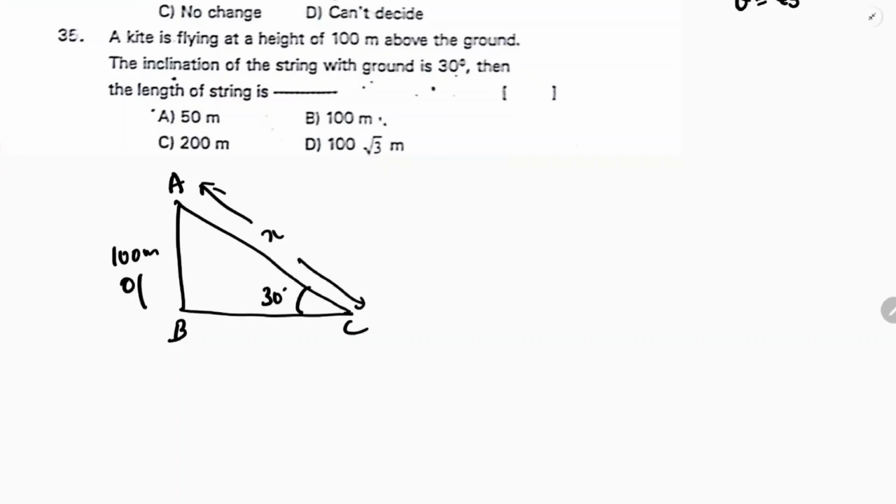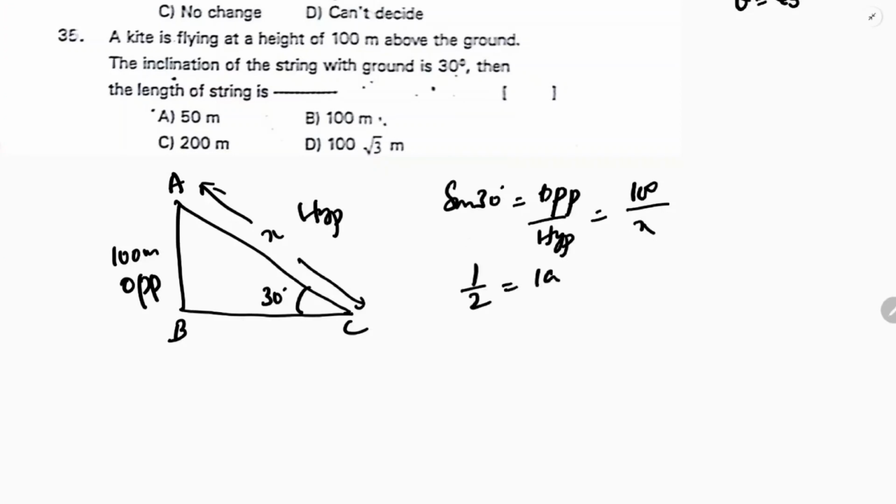We have opposite, I need to find hypotenuse, so I'll use sin theta. Sin 30 is opposite by hypotenuse, which is 100 by x. Sin 30 is 1/2 equals 100/x. If we cross multiply, x equals 200 meters. Correct option is C.